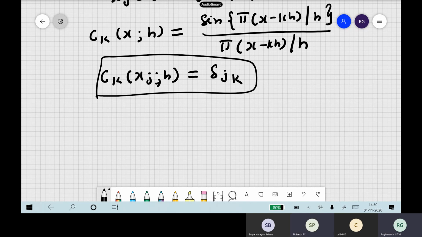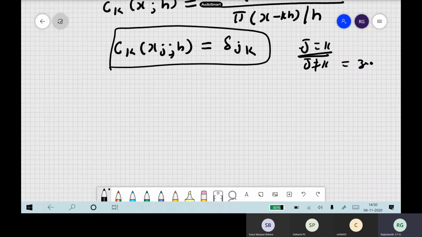When j is not equal to k, it is 0. But when j is equal to k, it is equal to the functional value itself, in an integral sense. That is how you have to interpret this one.